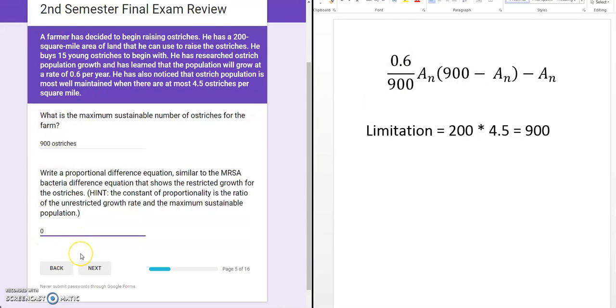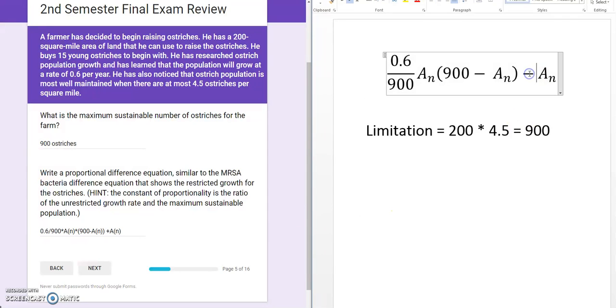So if we want to type this in, 0.6 divided by 900 times a sub n times 900 minus a sub n. And it's actually plus a sub n, not minus.